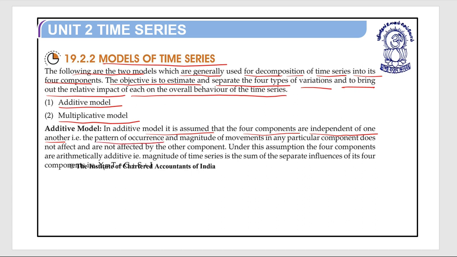The pattern of occurrence and magnitude of movements in any particular component does not affect and is not affected by the other components. Under this assumption, the four components are arithmetically additive. Magnitude of time series is the sum of the separate influences of its four components.